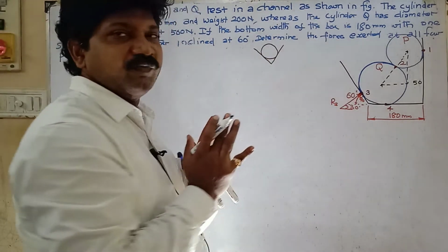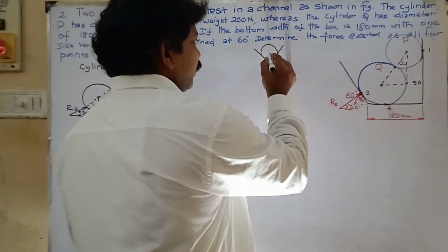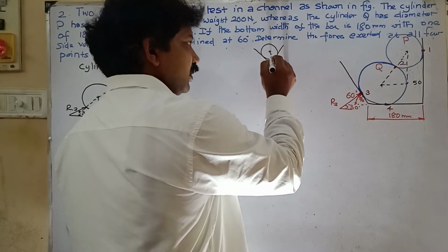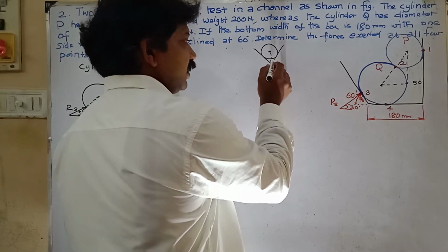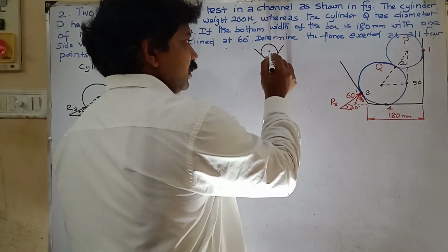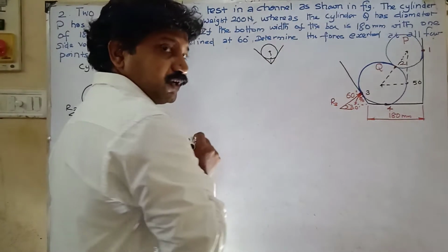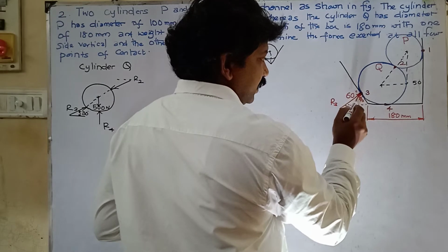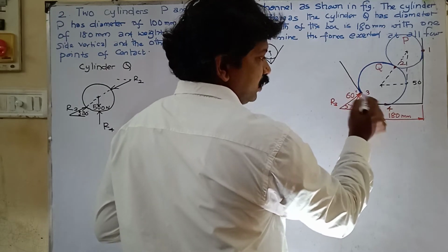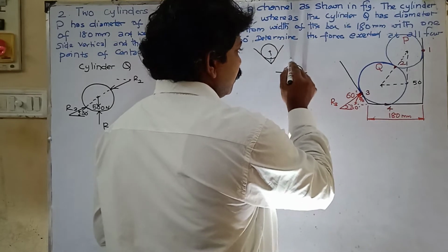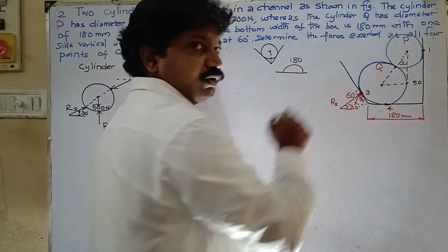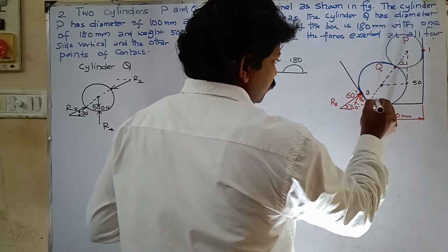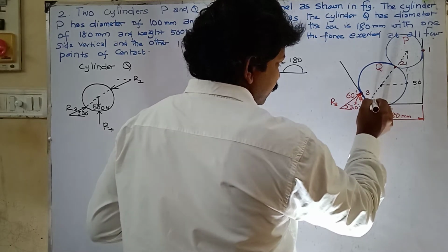The angle of the V groove is equally divided by the line joining the CG and the V groove corner. Suppose this angle is 80, then each side is 40 degrees. Similarly, in this case, this plane is at 60 degrees with the horizontal, so the remaining is 120 degrees, total 180. This 120 is equally divided by the line from the CG to the corner, so it is 60 degrees.